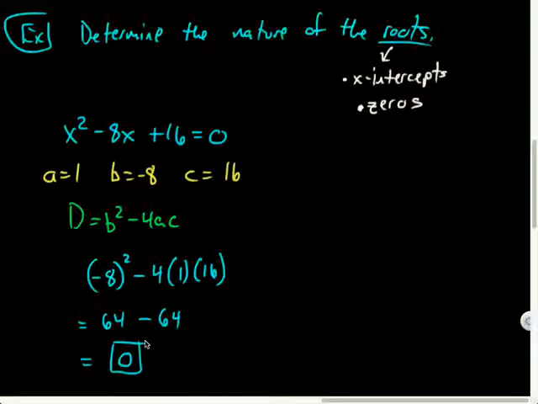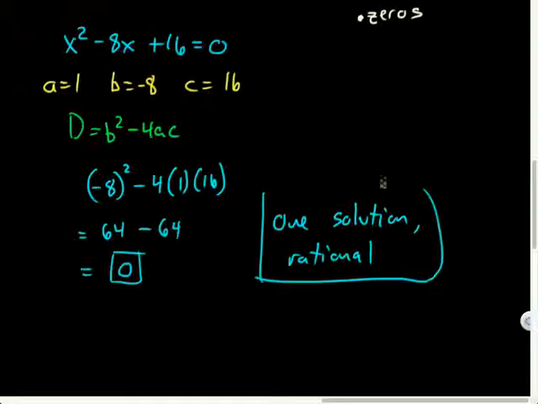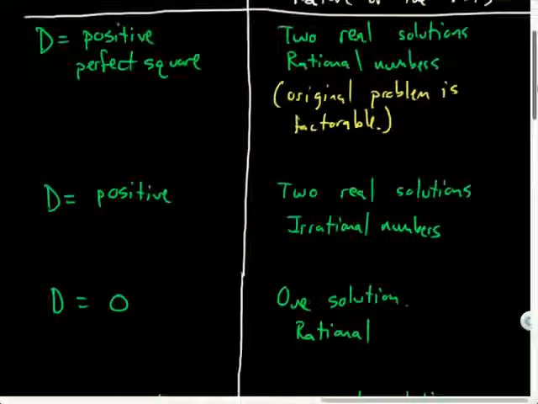So 0 is not my answer. That's the value of the discriminant. So what does that imply about the nature of the roots? D is equal to 0, so one solution, and it's rational. That's what that implies based off of the little chart we just made.